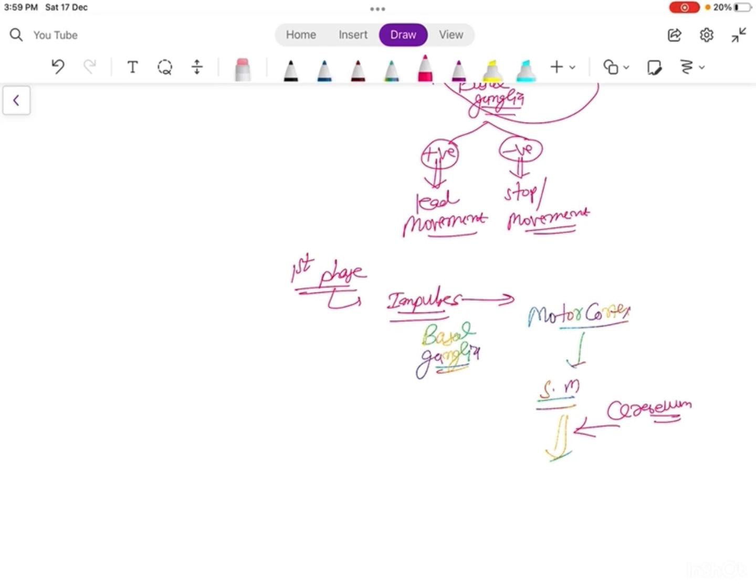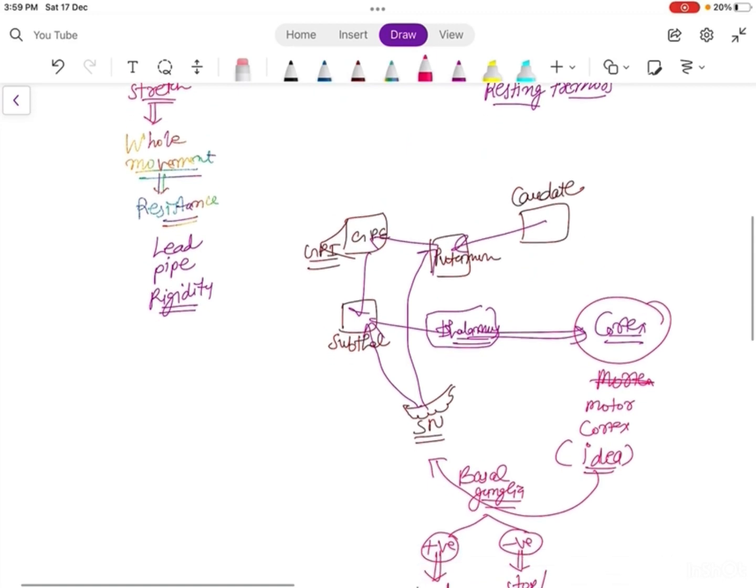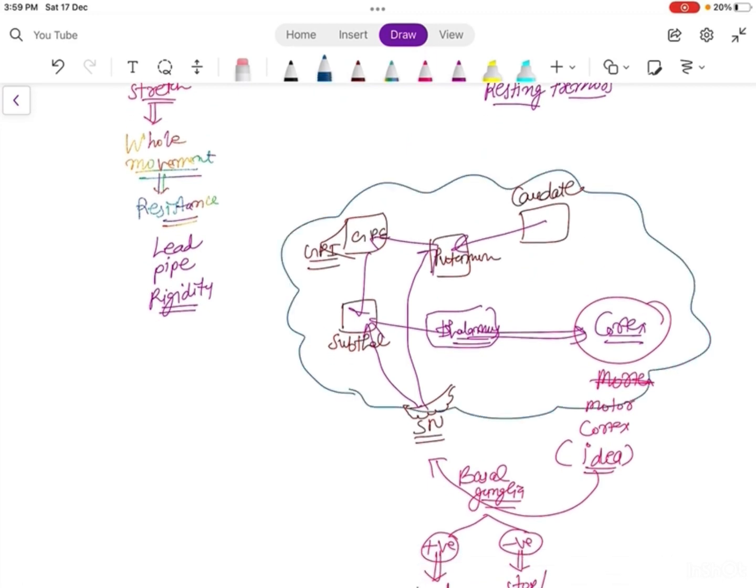So the first phase of movement is under control of basal ganglia. So what happens when there is a mismatch in this circuit? Why is there a mismatch in this circuit? Because of dopamine depletion. Decreased dopamine will lead to mismatch or unopposed firing of some particular muscle. Some will suppress, some will excite. So this will lead to the condition called tremors.